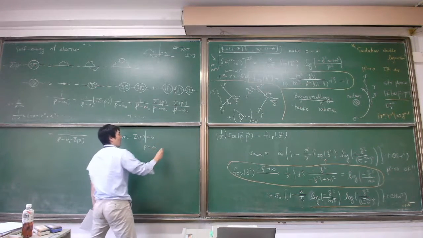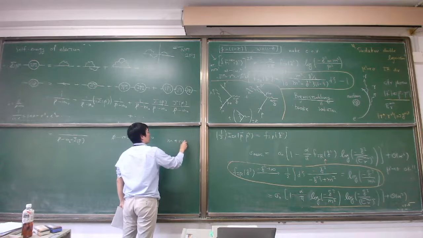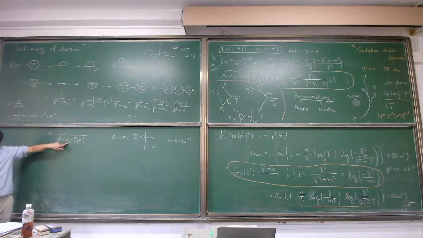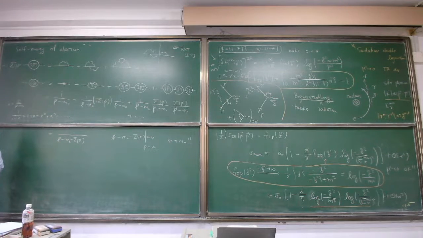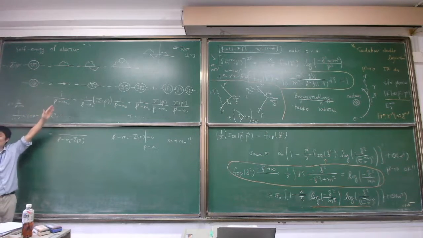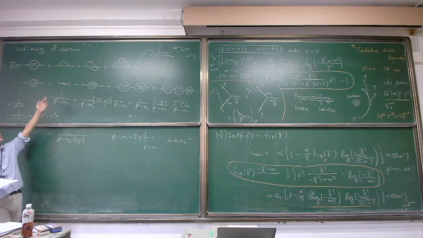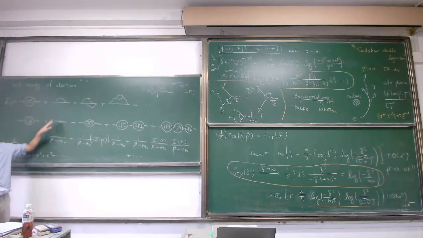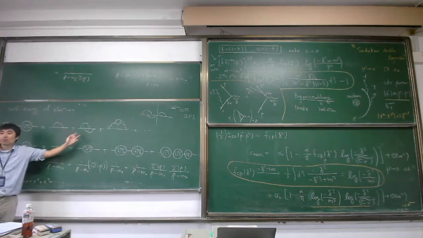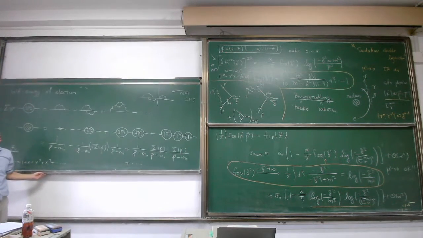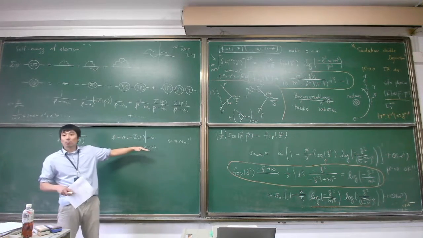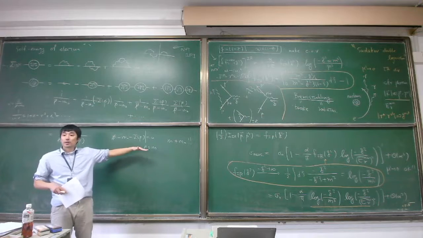So m is no longer m0. m0 is the mass of the bare Lagrangian, but if you include all the quantum corrections, the dressed electron, dressed by the photon propagator, the position of the pole of the propagator will be shifted by sigma.